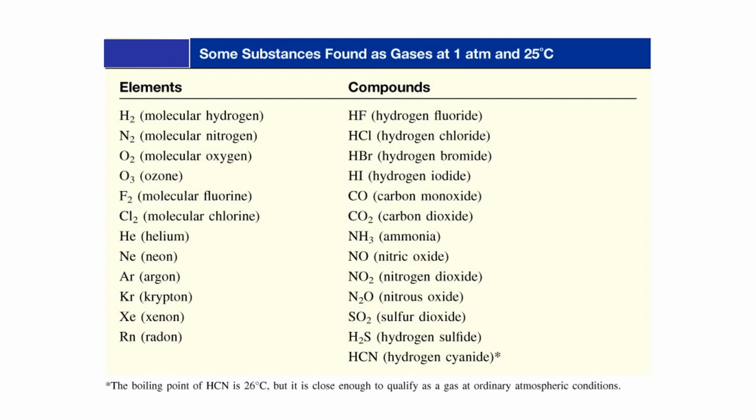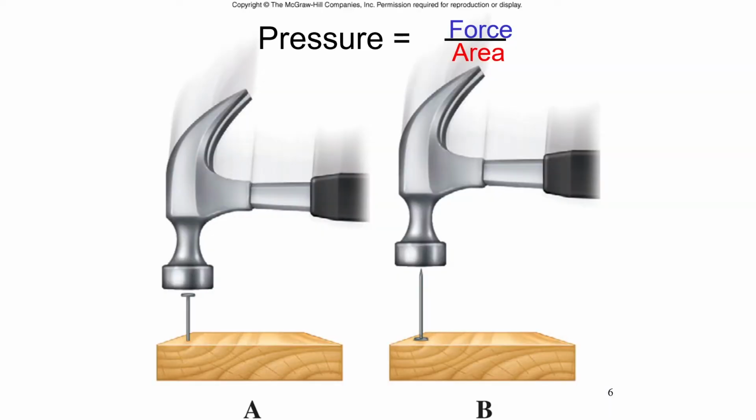Now, we're going to talk about some properties of gases, and the first one we're going to focus on is pressure. The physical definition of pressure is force divided by the area. And you can see the difference when you hammer a nail. Let's say that the hammer is coming down with equal force in both scenarios.